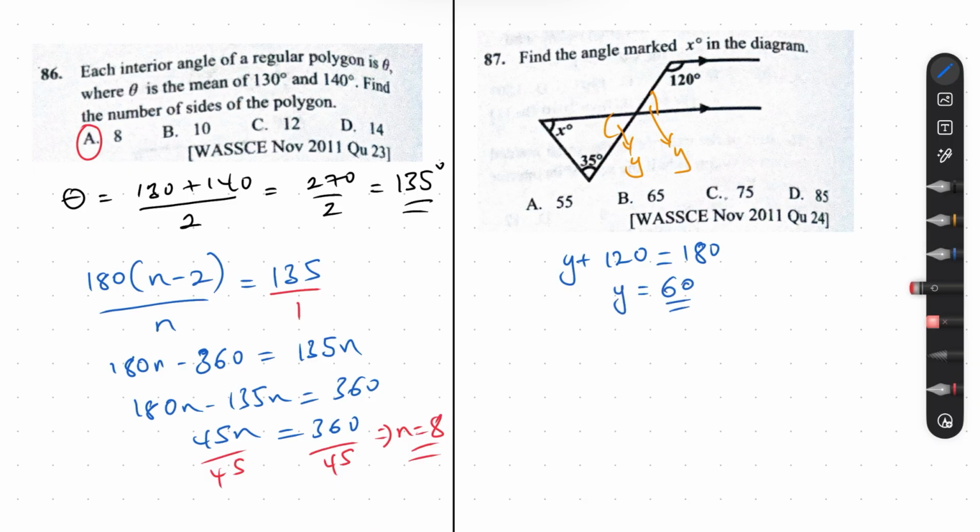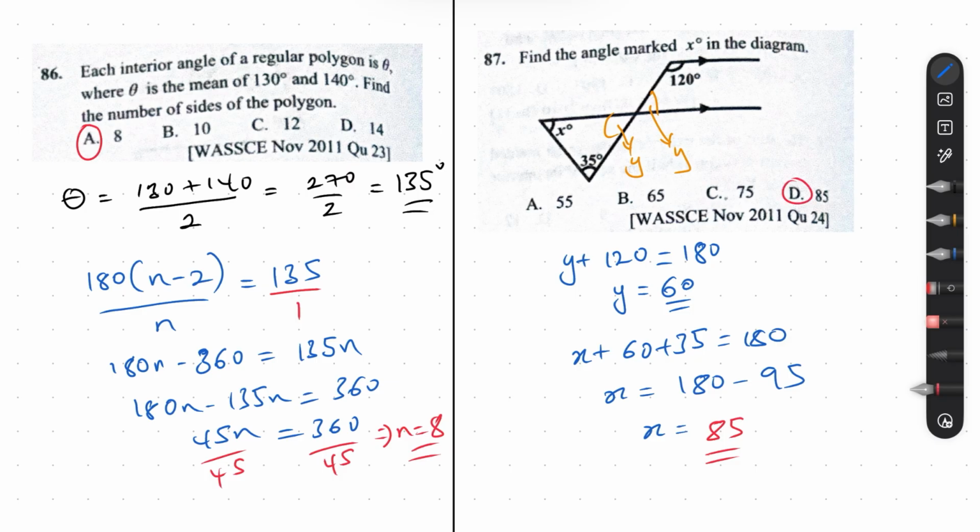Now if you add y plus x plus 35, you get 180, because they are the sum of angles in a triangle. So x plus 60 plus 35 should give us 180. So x is 180 minus 95, so x should give us 85, which is D.